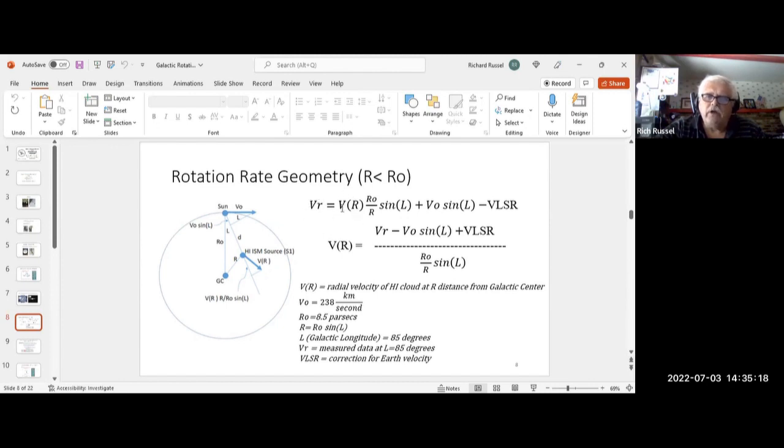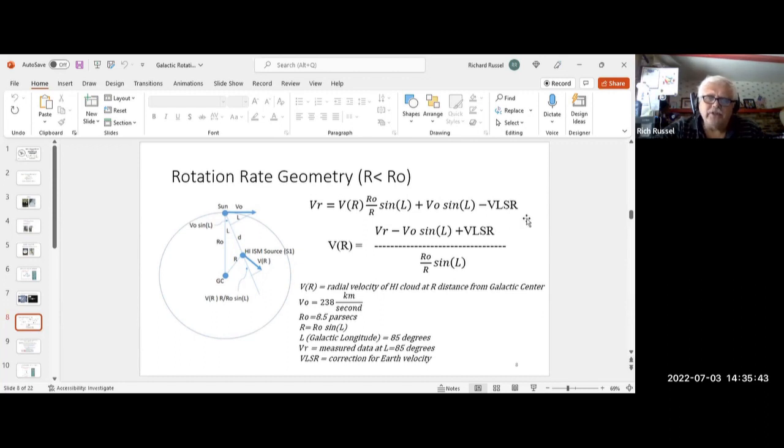VR is that velocity, so this VR is what we're after. R naught, I'm going to explain that. That's this distance. R is this here, and then you take the sine of the longitude. V naught is the speed here, and that's a given number. L is there, and then VLSR.